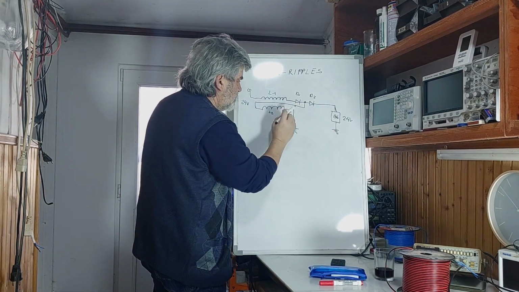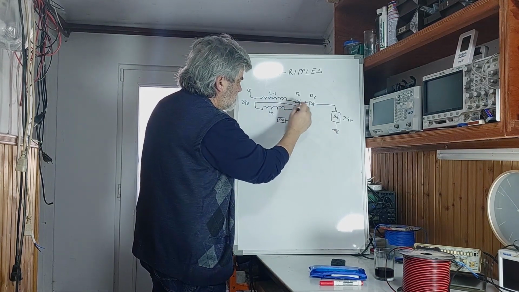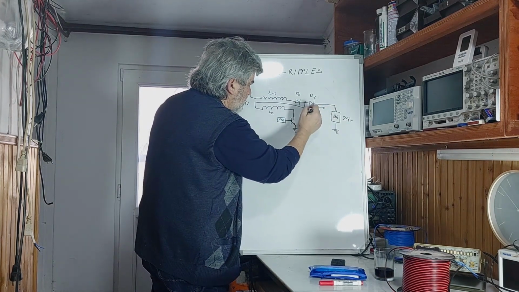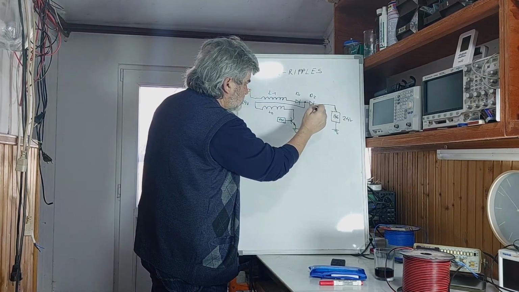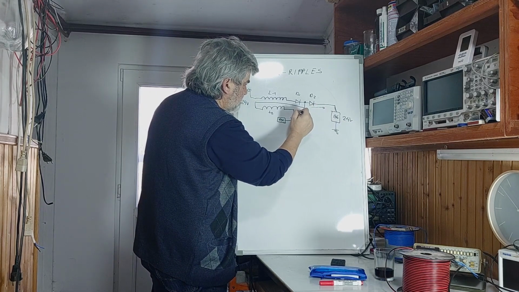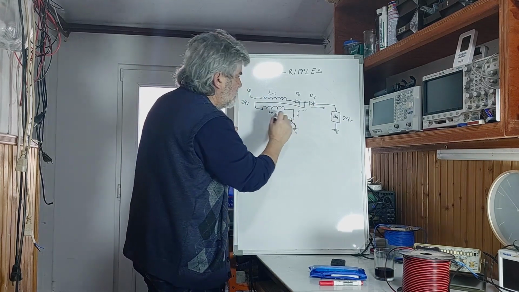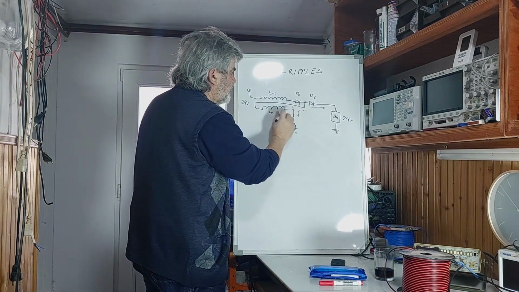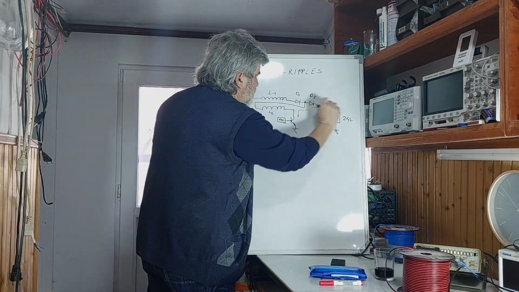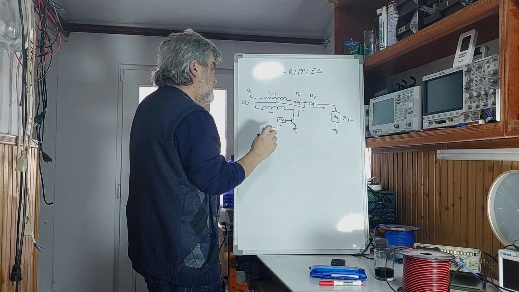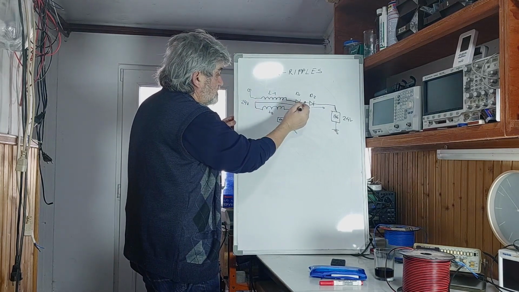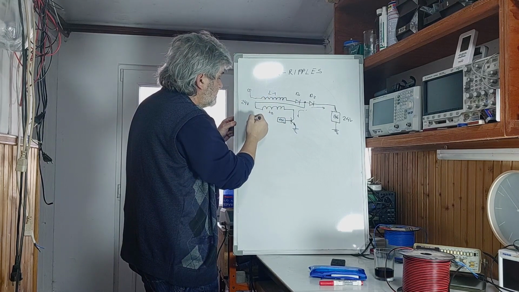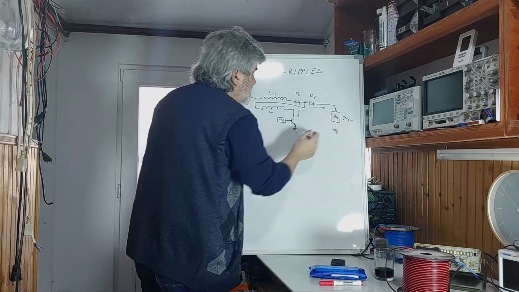When it's on, the current split still continues, and current splits to that branch and this branch to the coil, and then when it's off, back EMF pushes forward, and that's why you cannot be close to that.